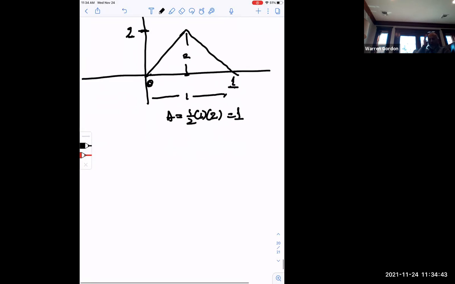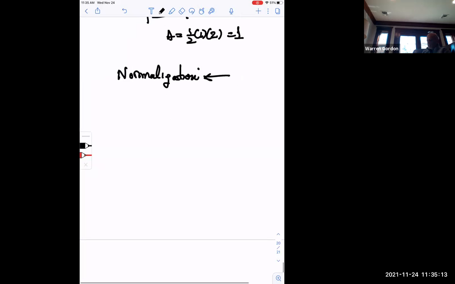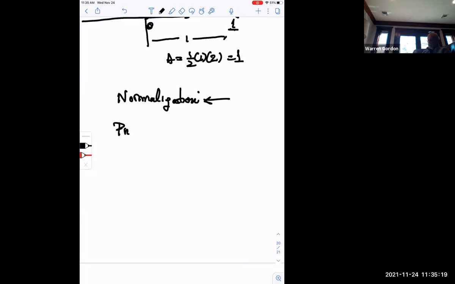The way we deal in the discrete case with the sum of all probabilities equal 1, when we deal with continuous random variables, the total area underneath the curve must be 1. Sometimes we call that normalization. You don't need to know the word. We have to talk about area 1 because we're going to be talking about probabilities. So in fact, we're going to define a special function called a probability density function.